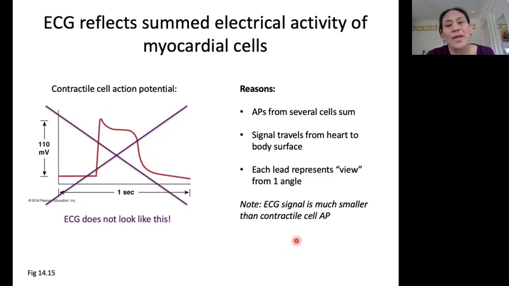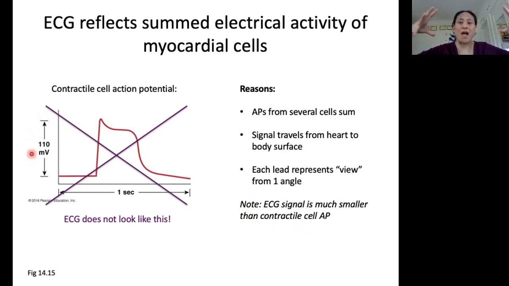Another thing I want you to take note of is that the EKG signal is a lot smaller than a contractile cell action potential. That's because this action potential is recorded right at the membrane surface of the contractile cell. This is 110 millivolts. The whole electrical signal from the heart is going to basically act like a graded potential.